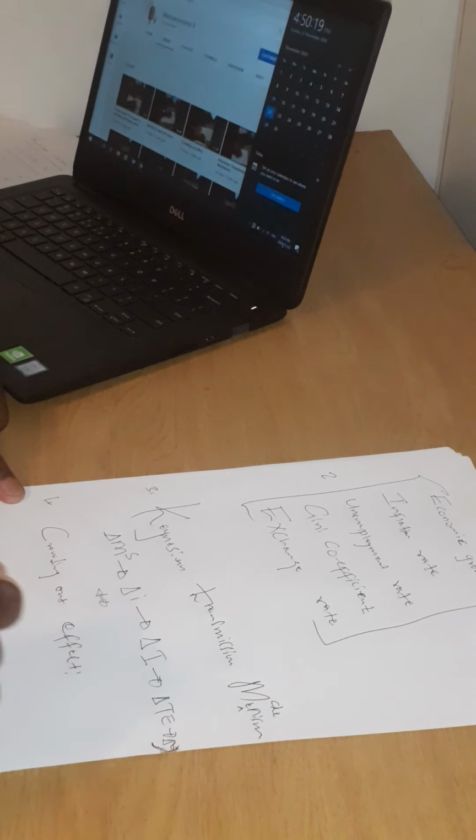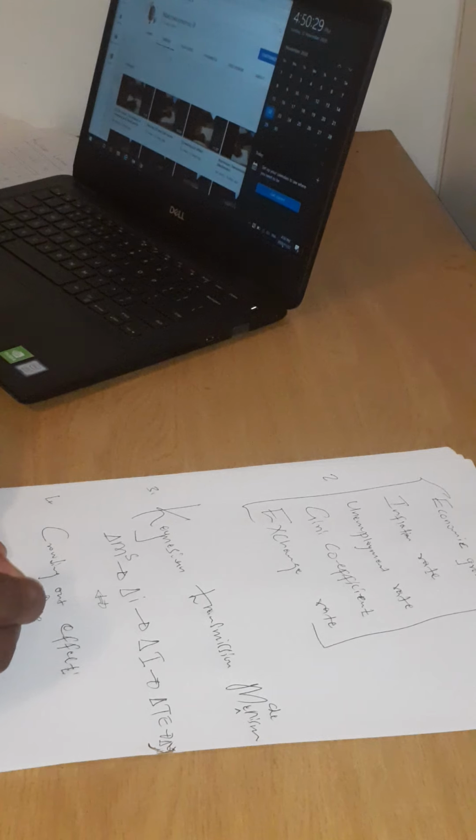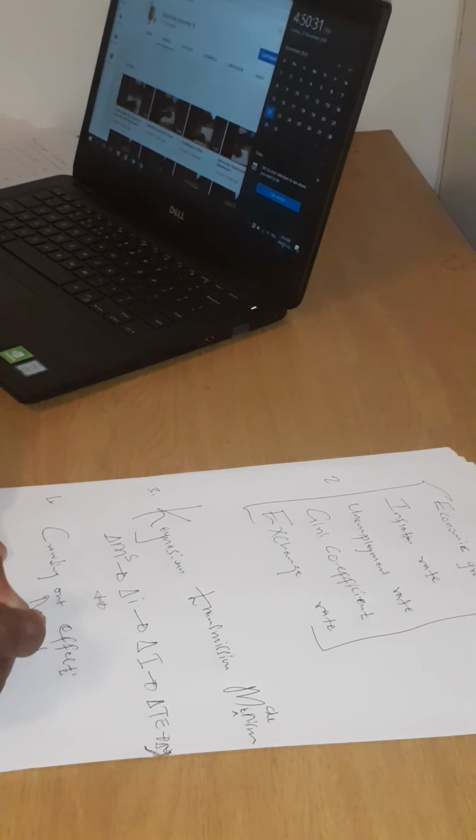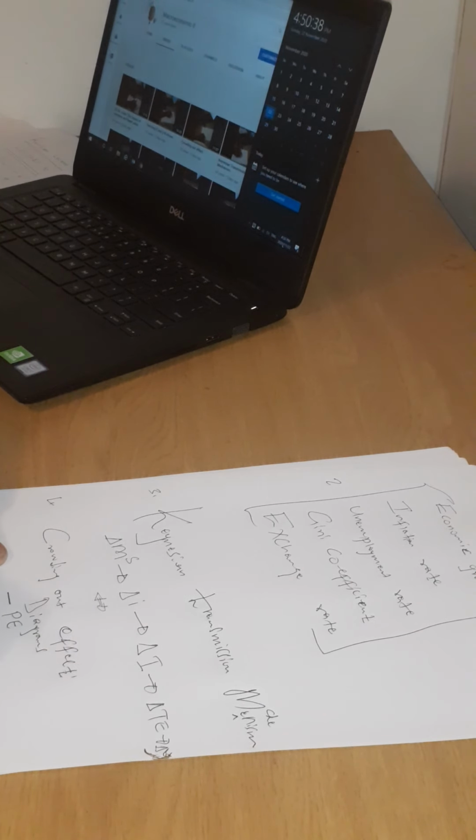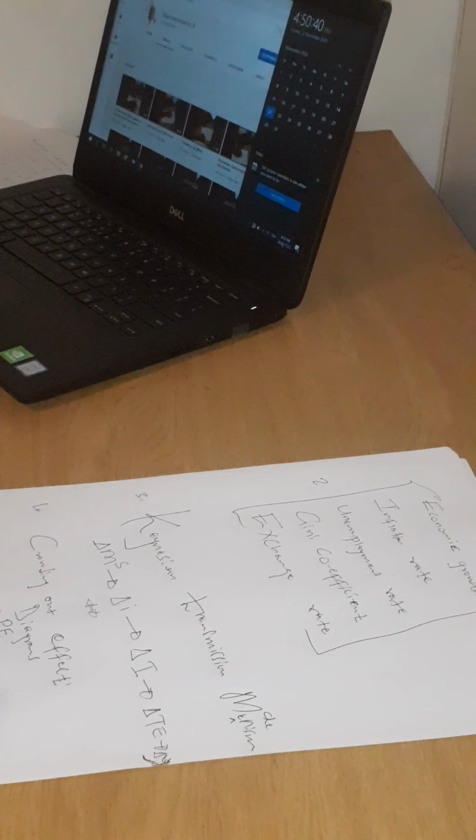So we want to see how it crowds out private investment in the system. What I want you to do here is learn the diagrams, and also learn what is happening in the primary effect and what's happening in the secondary effect.